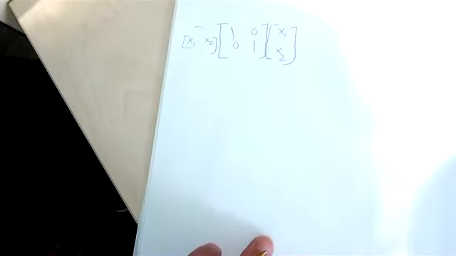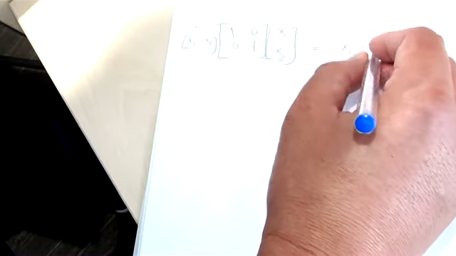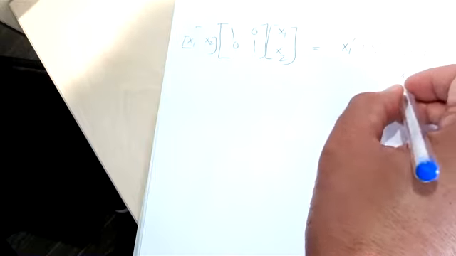Because if you take any vector x and multiply, with the transpose on the left and the matrix on the right, then this just gives you x1 squared plus x2 squared, which is always positive for nonzero vectors, right?